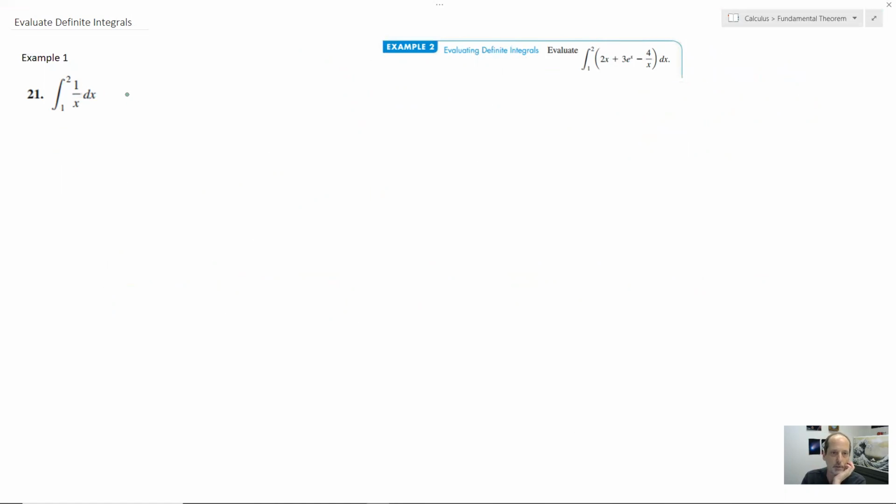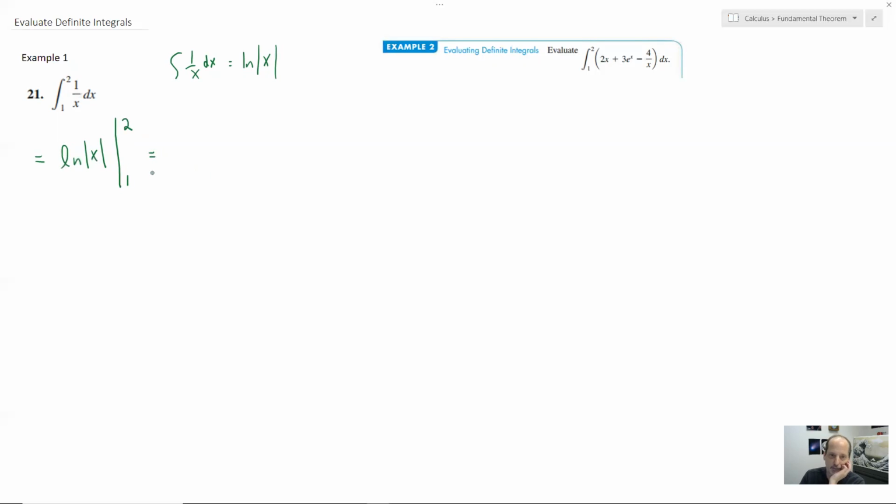Well, if we remember, the integral of 1 over x dx is equal to ln of the absolute value of x. That's in our properties. So this is going to be equal to capital F of x, which is ln of the absolute value of x, running from a lower bound of 1 to an upper bound of 2.